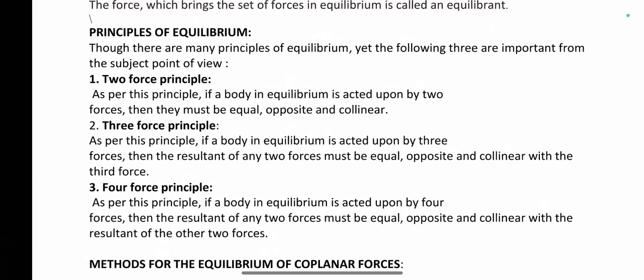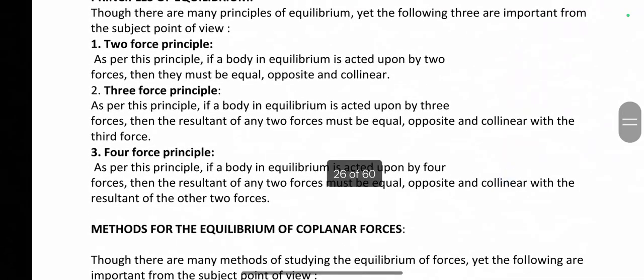Then the three force principle. If a body in equilibrium is acted upon by three forces, then the resultant of any two forces must be equal, opposite, and collinear with the third force. In the same way, if two forces are there they should be equal; if three forces are there, the resultant of any two forces must be equal, opposite and collinear with the third force.